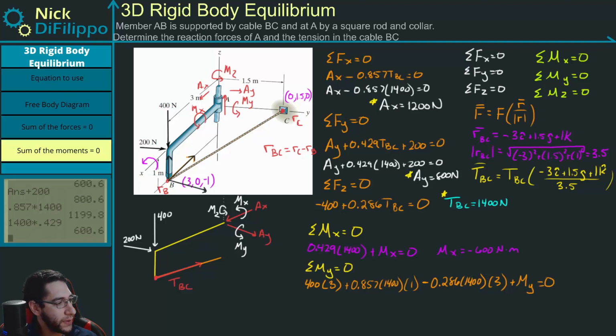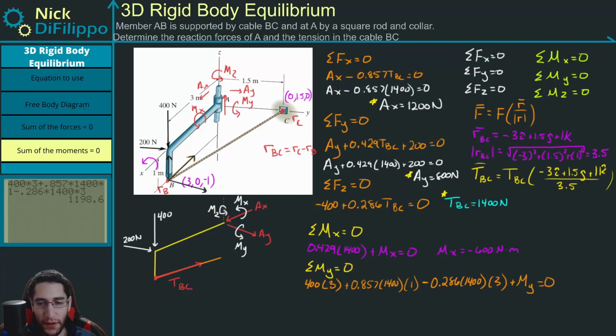Okay, let's put this in the calculator. So 400 times 3 plus 0.857 times 1400 times 1 minus 0.286 times 1400 times 3 is roughly 1200.